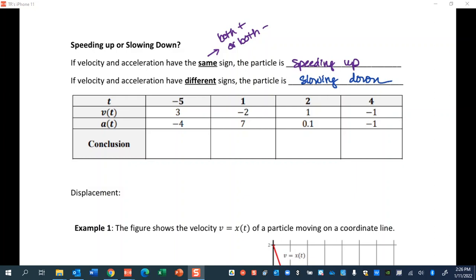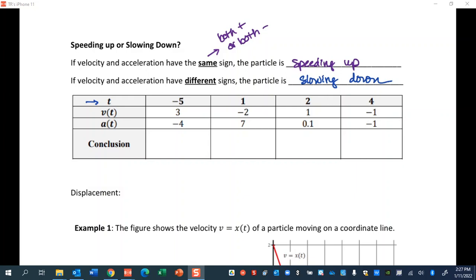So here I have my value t. That is going to be my x value. That's my input value. And I can look at both my velocity and acceleration at each of these times. If I have a velocity of 3 and acceleration of -4, if those were my output values, would you say that whatever it is I'm talking about, is it speeding up or slowing down?